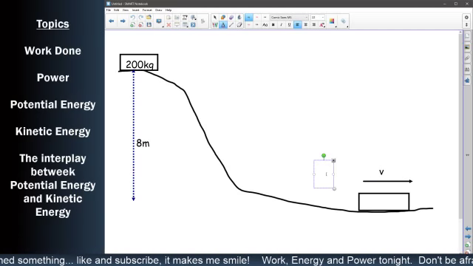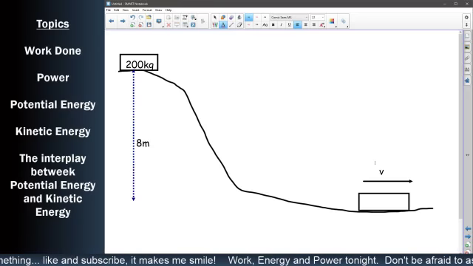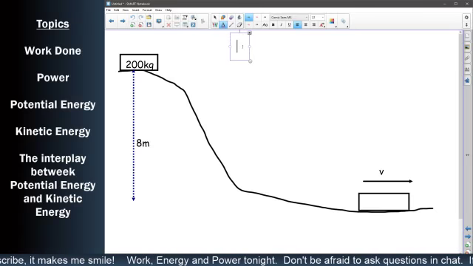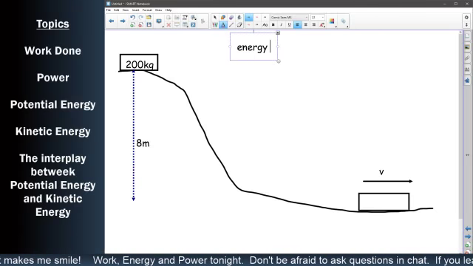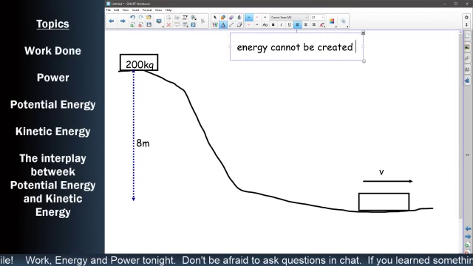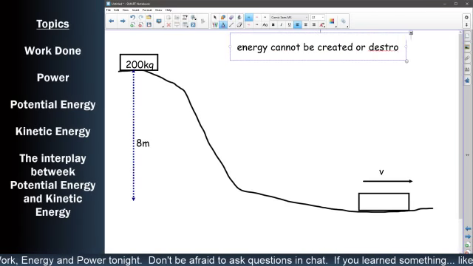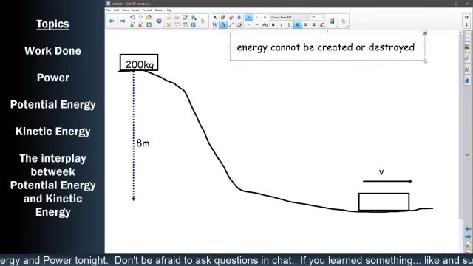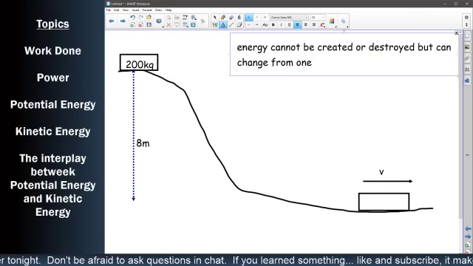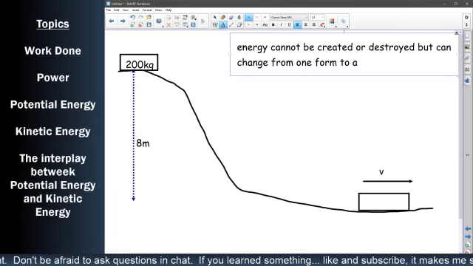Assuming that there's no energy lost in the process, though we may have a little chat if time allows about what happens there. So in order to do this, we need to have the principle of conservation of energy in our head, and that is that energy cannot be created or destroyed, but can change from one form to another.